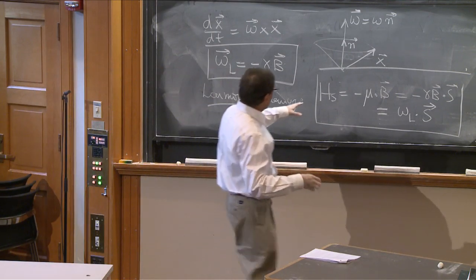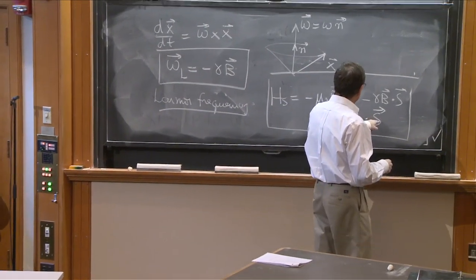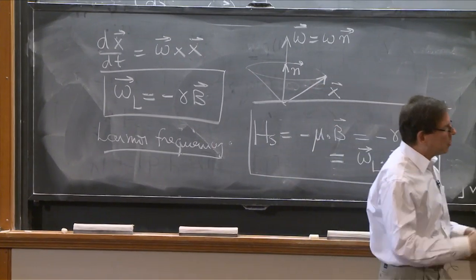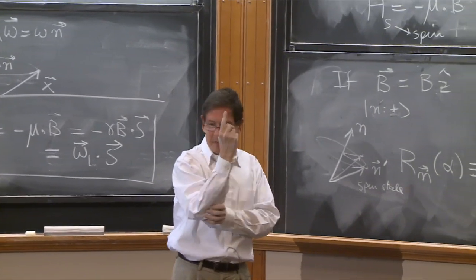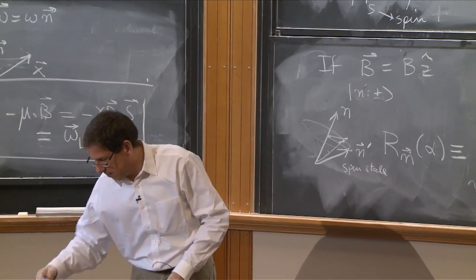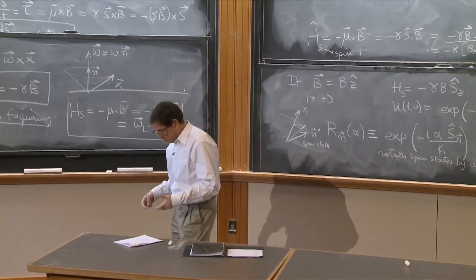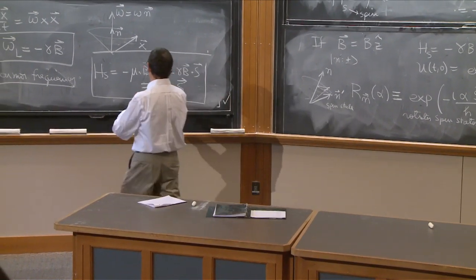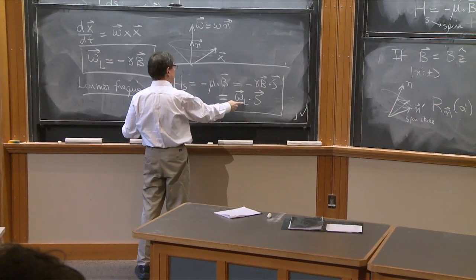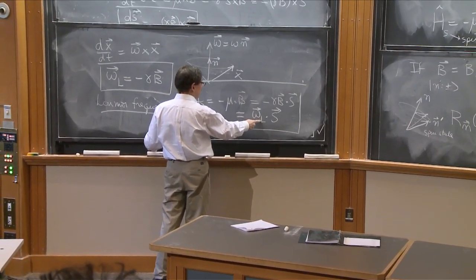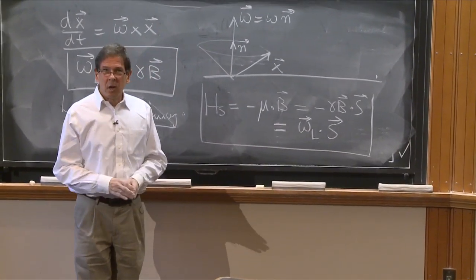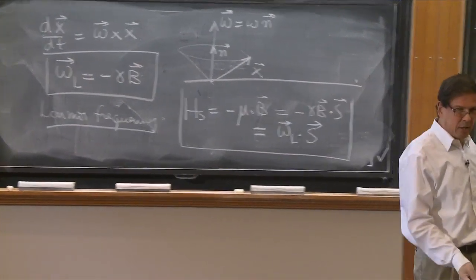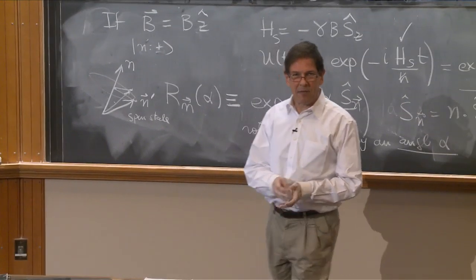H is something times S, and that's precisely the rotation frequency for the spin states. They will all rotate that way. So we can say that the spin states in this Hamiltonian rotate with omega L frequency. That's the general discussion of precession in a magnetic field.